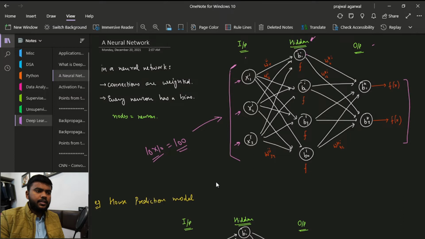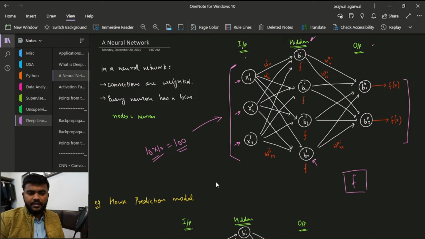The thing about the hidden layer is that it is the place where all the processing of the signal or the data happens. The neurons, the nodes in the hidden layer, are nothing but functions.